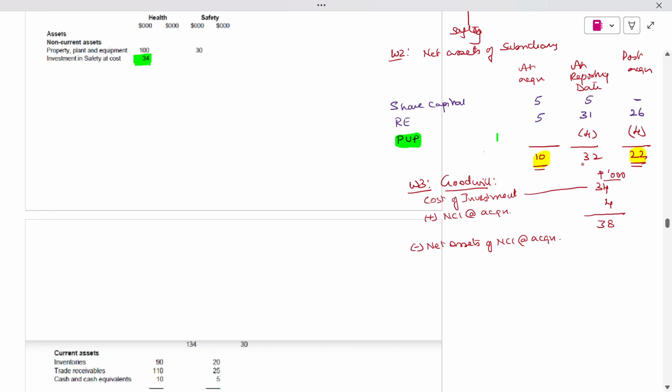How much is the net assets at acquisition? Then goodwill.